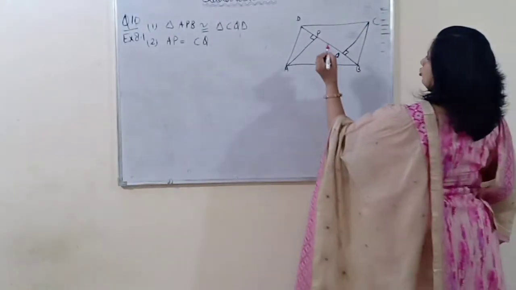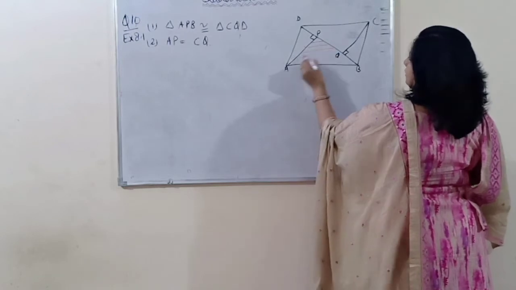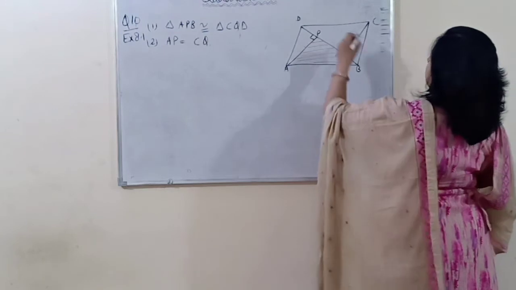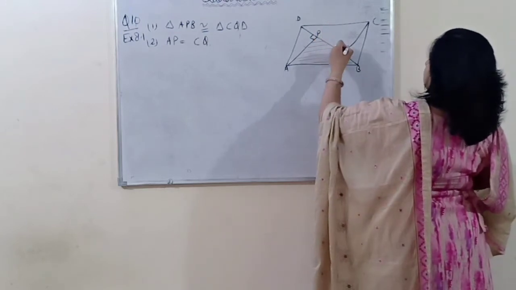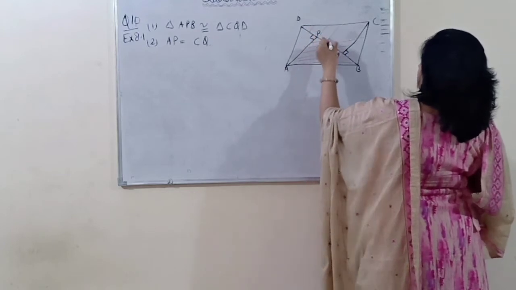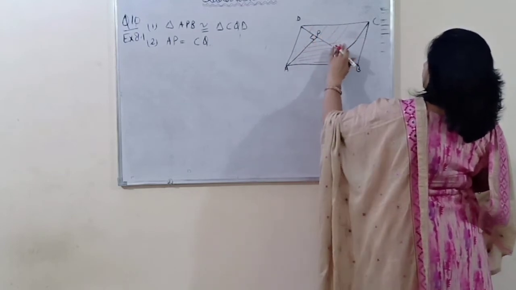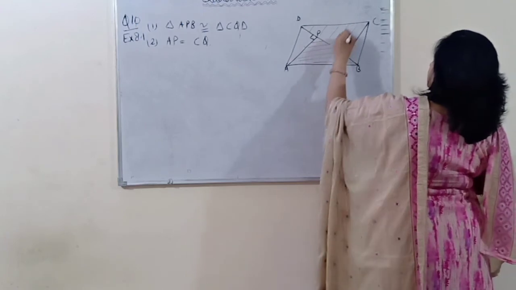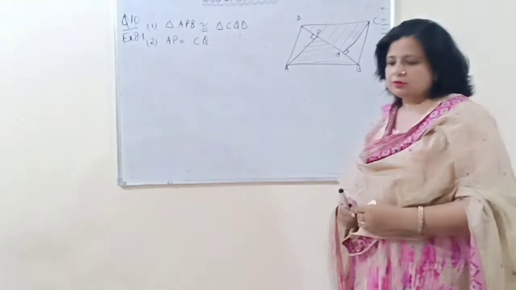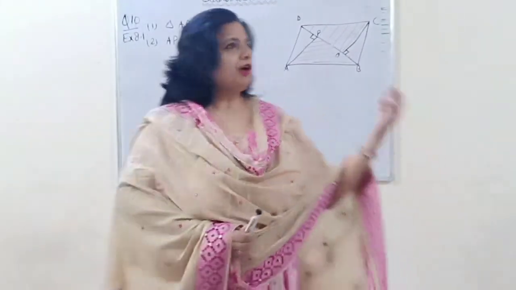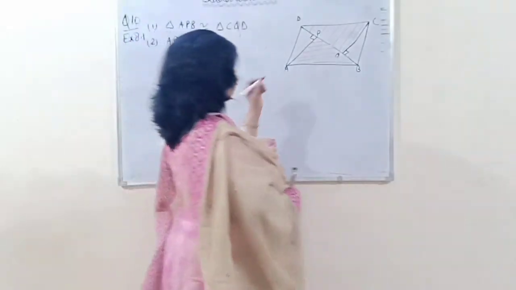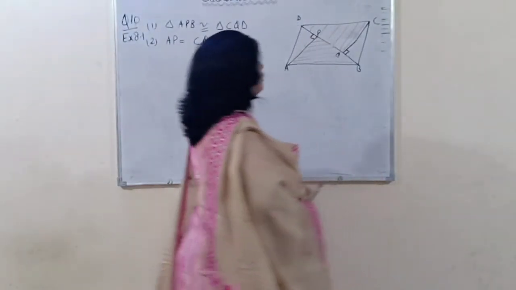We have to show that triangle APB is congruent to triangle CQD. These two shaded triangles are congruent to one another.